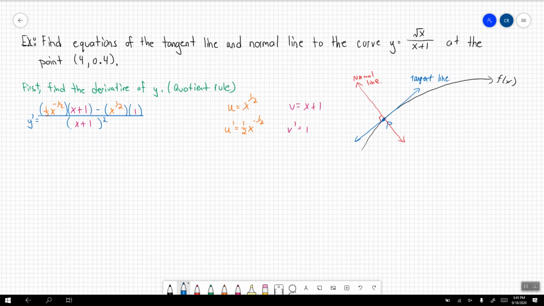And now we go through and we simplify the numerator. So let's keep simplifying that numerator. Again, you want to factor out a GCF. So factor the GCF of, and let's go with 1/2 x to the power of negative 1/2. So let's factor that from the numerator.